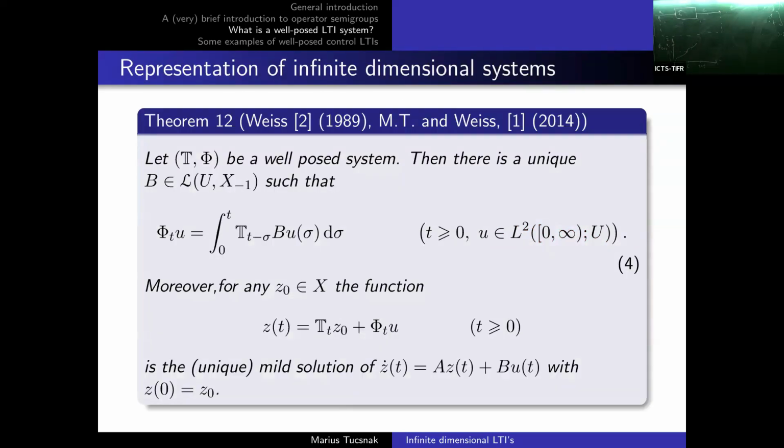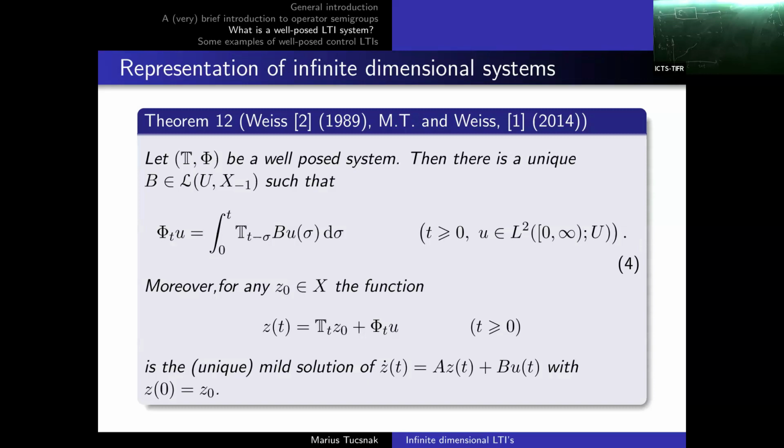It turns out that there is a theorem, not very well known, due to Weiss. It has a huge number of quotations. In some communities it's very well known, but not in the PDE community, which says that such a well-posed system necessarily represents as z dot is equal to Az plus Bu, with B which goes from U to X minus 1.